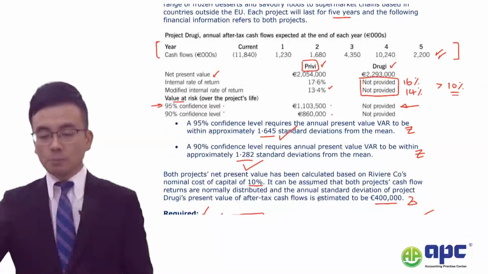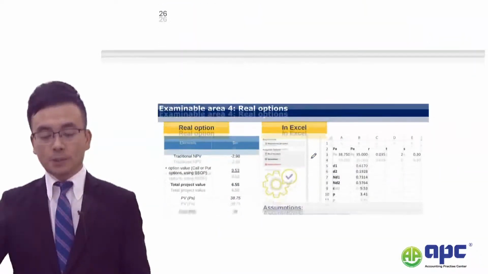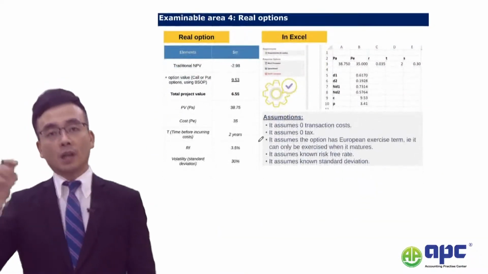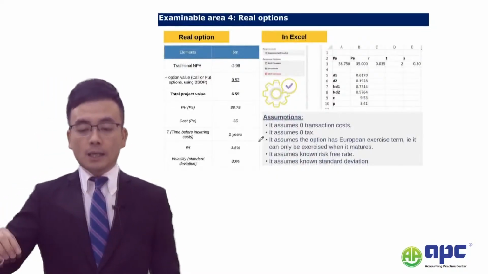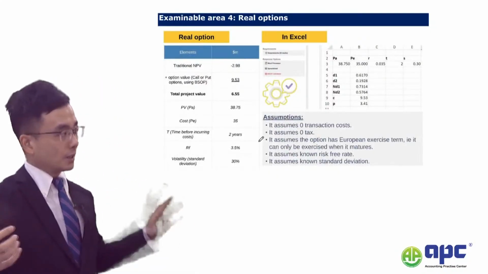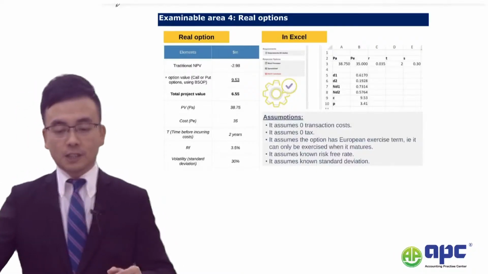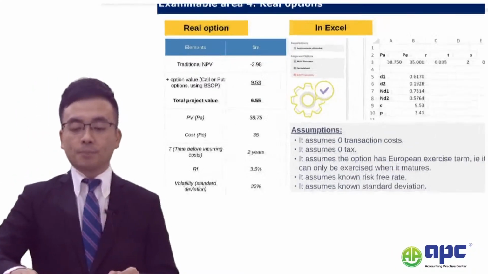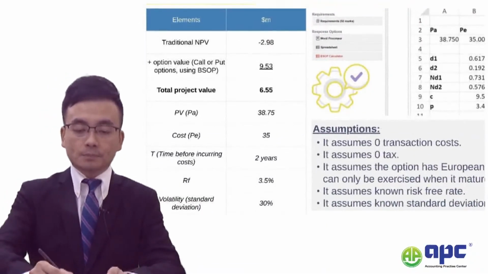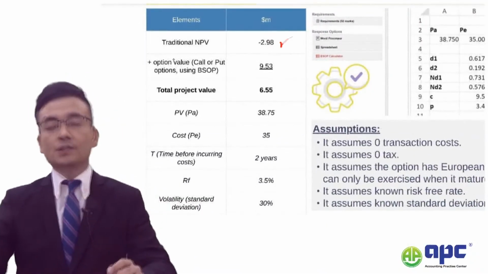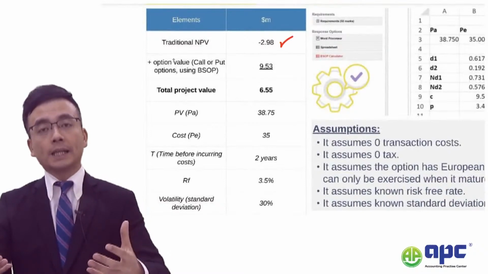Now it's time to move on to the next topical area. It's called real options. Now, as a summary, you can see in the beautiful graph that I created for you that when performing the traditional NPV analysis, we can only forecast how much money we can make.